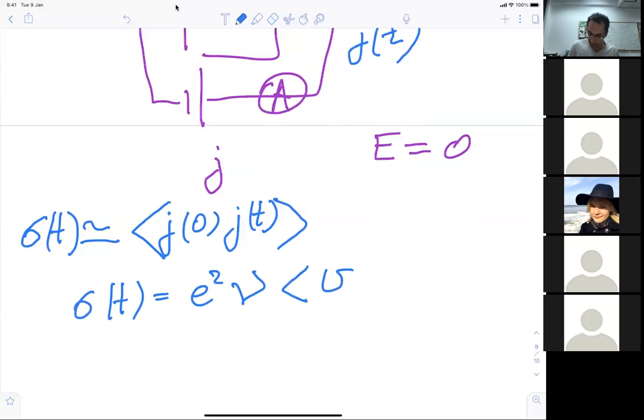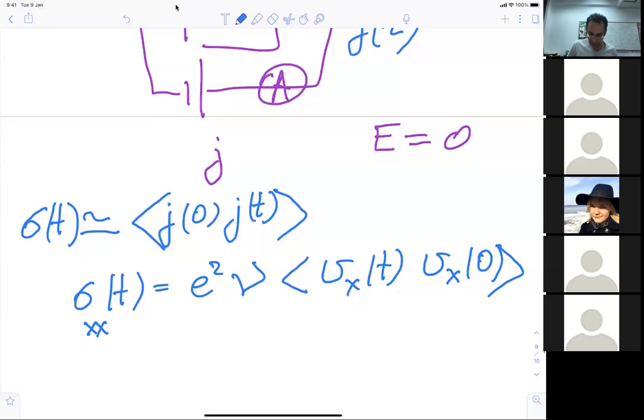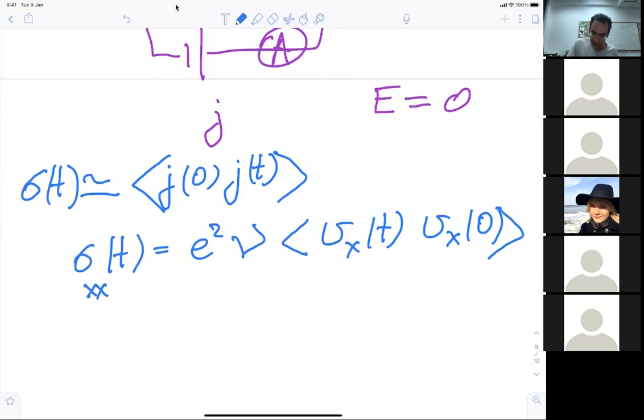So if I'm interested in the conductivity component in the X direction, I take a velocity operator in X direction and velocity operator in the same direction, and I compute the response function. In general, it's a tensor, and if this is alpha and beta, that would be alpha and beta component.